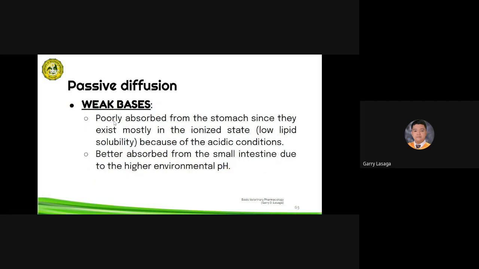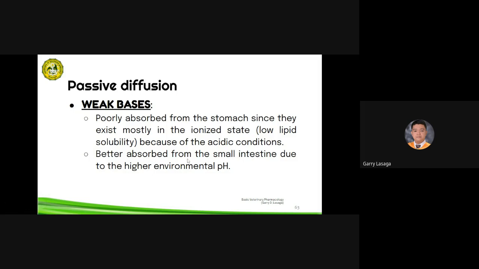For weak bases, they are poorly absorbed from the stomach since they exist mostly in the ionized state because of the acidic conditions. Again, when we administer a weak base orally, when it reaches the stomach, it will become ionized. So because it is ionized, it will not be absorbed in the stomach.